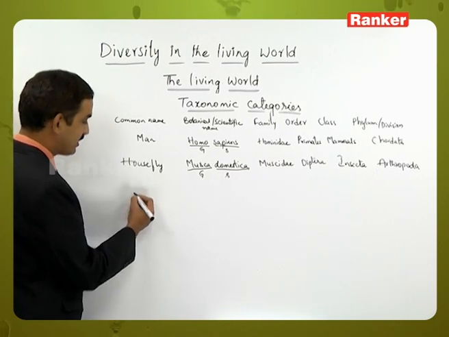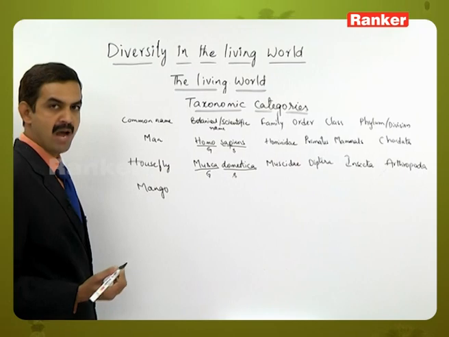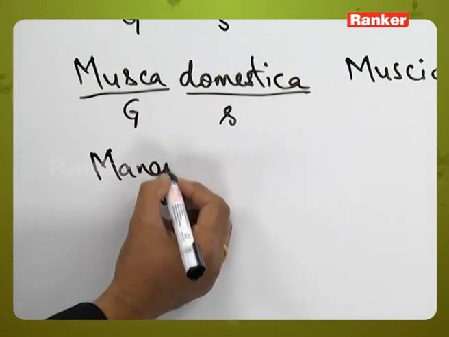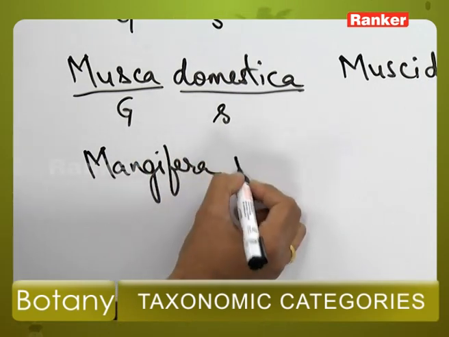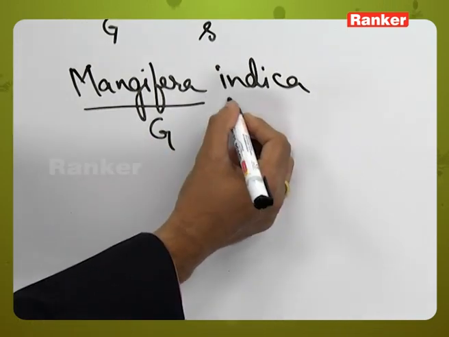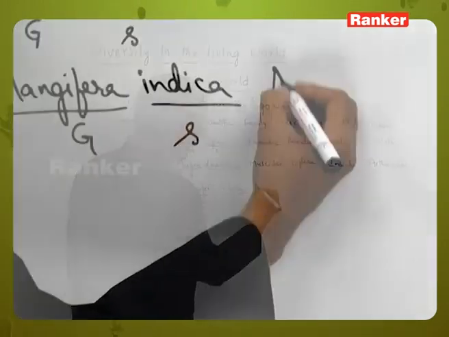The next one is an example of a plant, that is mango. The botanical name is Mangifera indica. In this, Mangifera is the genus and indica is the species, and it belongs to the family Anacardiaceae.